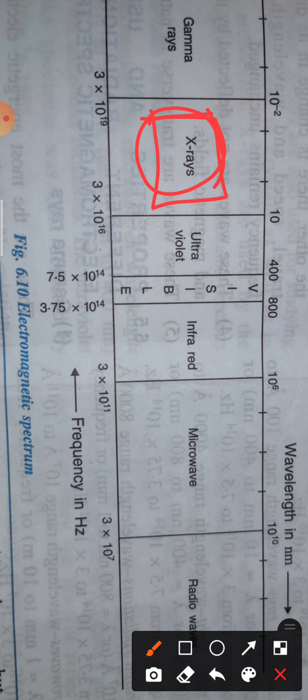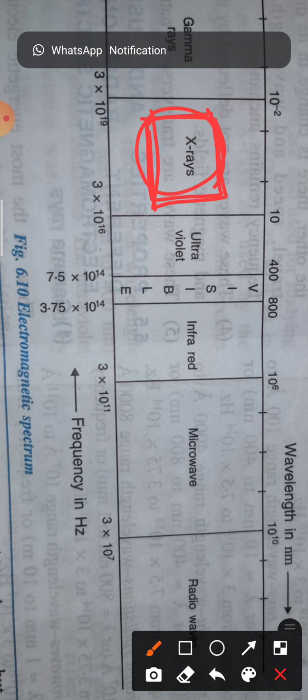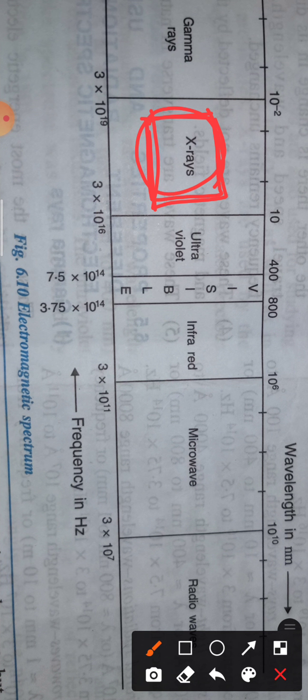So if you pass X-rays through your body, they easily penetrate the flesh but not the bones, so it will give you pictures of your bones and fractures. X-rays are used for detection of fractures, and also for study of atomic crystals.